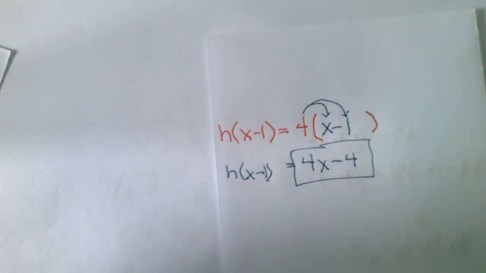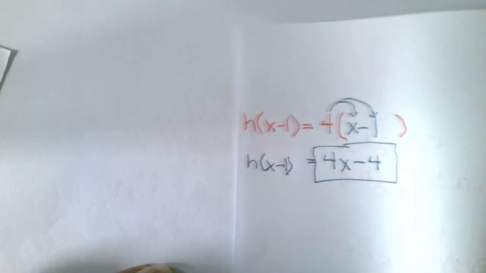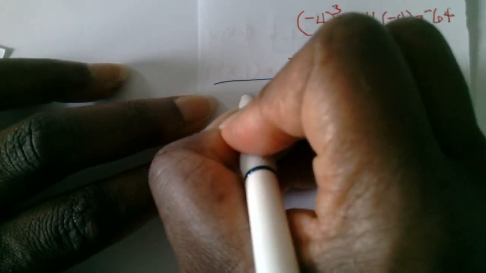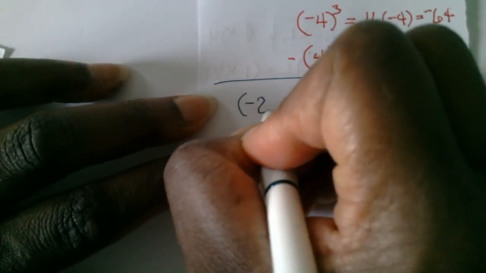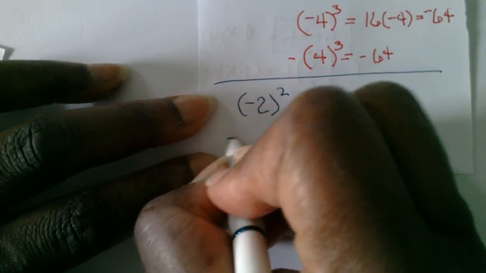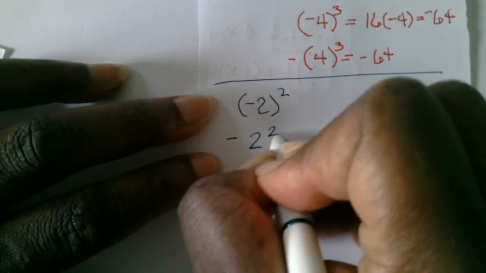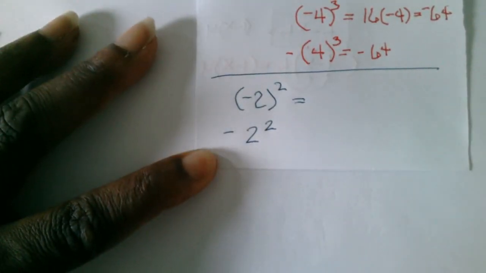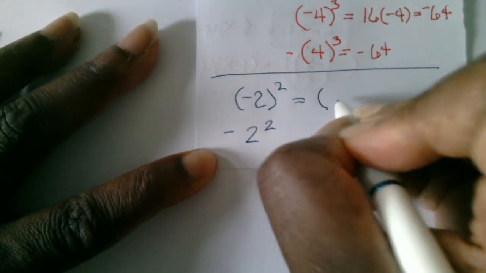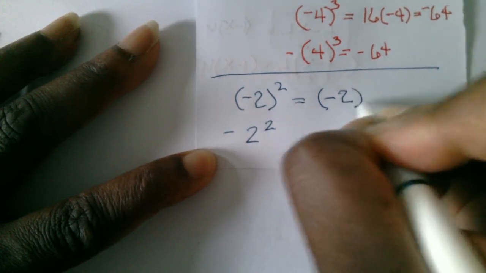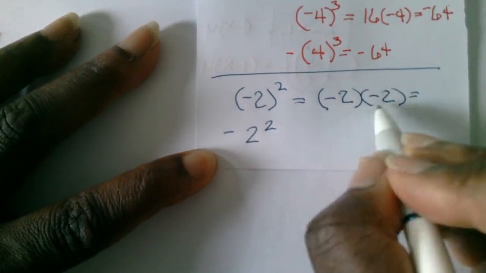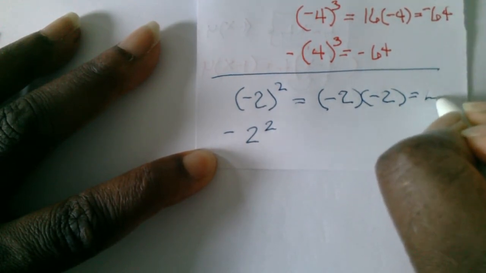Alright. So, going back to the exponents, if it's even, if we had negative 2 times negative 2, a negative times a negative gives me a positive, so we got a positive 4.